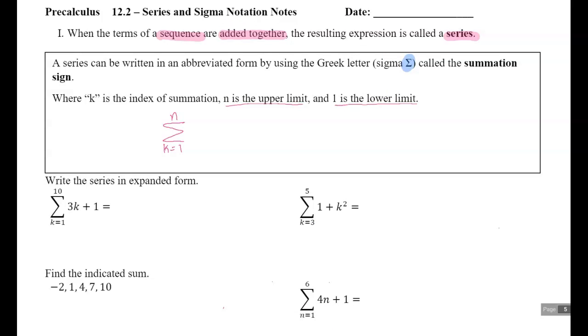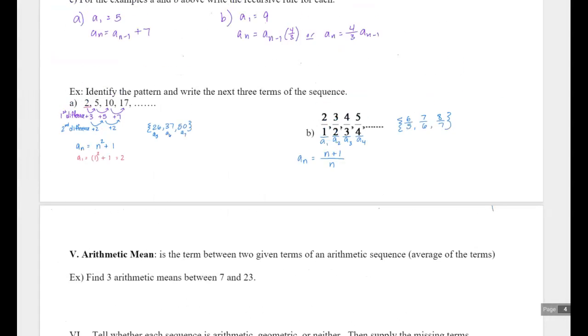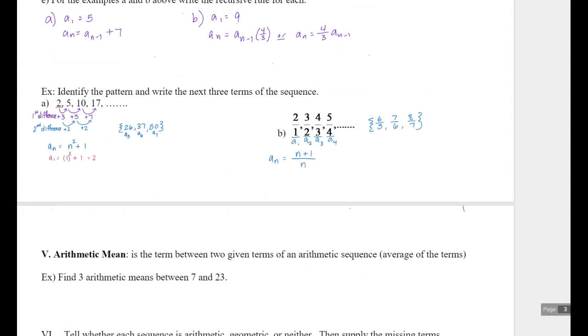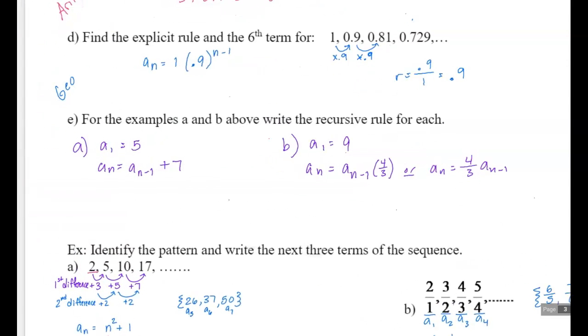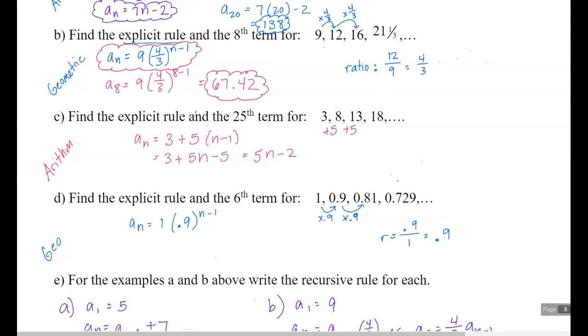Then, after the sigma, you write down the definition for the sequence. So remember last class, we learned how to write definitions for sequences. Like here on part D, this is the definition of that sequence. On part C, this is the definition of that sequence. Part B, this is the definition.